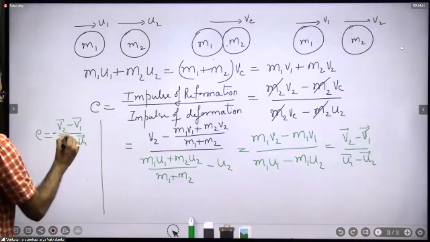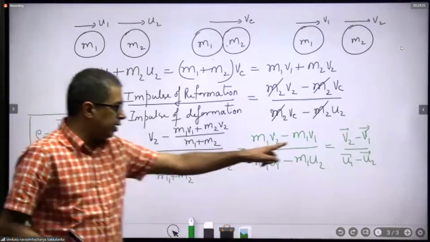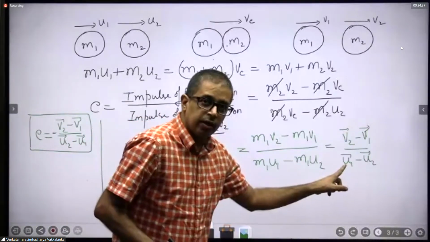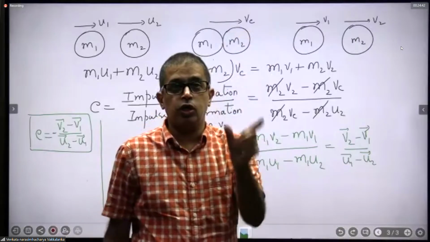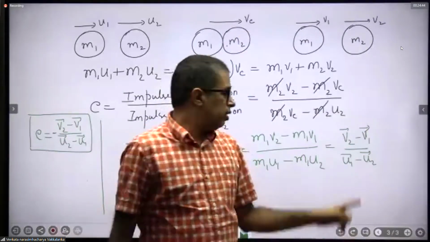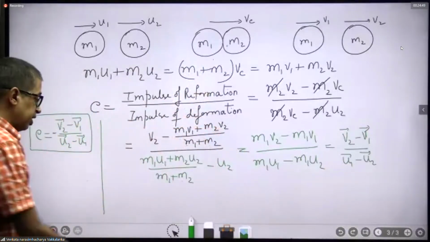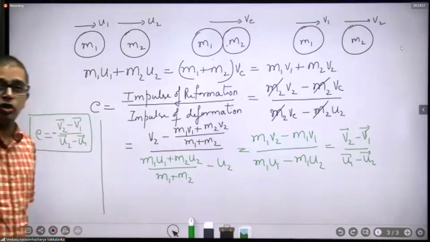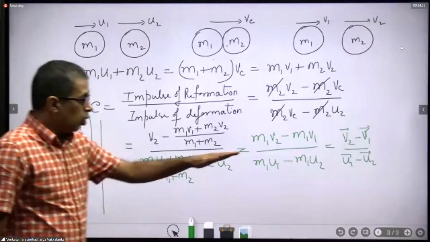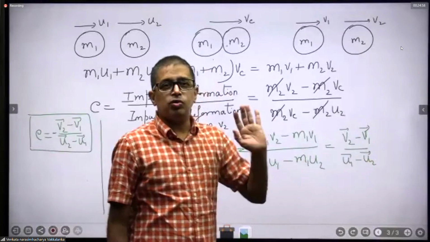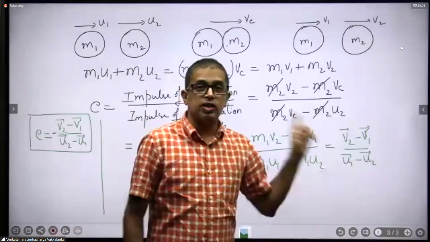Whichever you are comfortable with, do remember only one: V2 minus V1 upon U1 minus U2. Separation in the numerator, approach in the denominator. All of this chapter will be using this. Even in your sleep, you are not supposed to go wrong with a negative or positive.